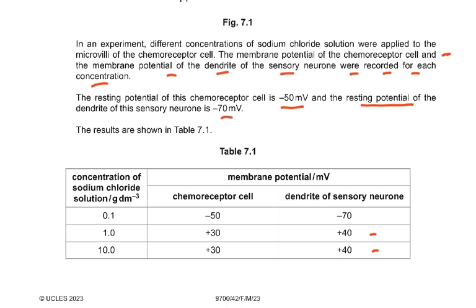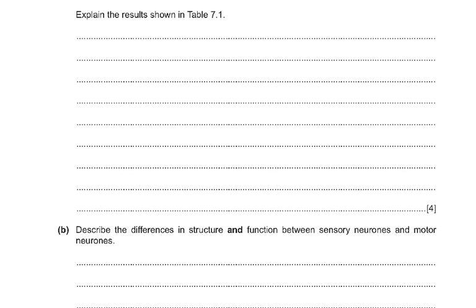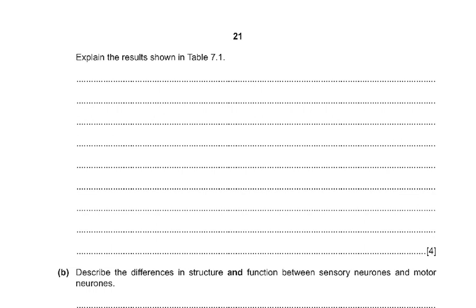So take a little time, look at this table, and then read the next part of the question, which is: explain the results shown in table 7.1. So you have to explain the results. With 0.1 gram, the chemoreceptor does not release neurotransmitter into the synapse, so it is not depolarized. The dendrite of the sensory neuron remains at resting potential.